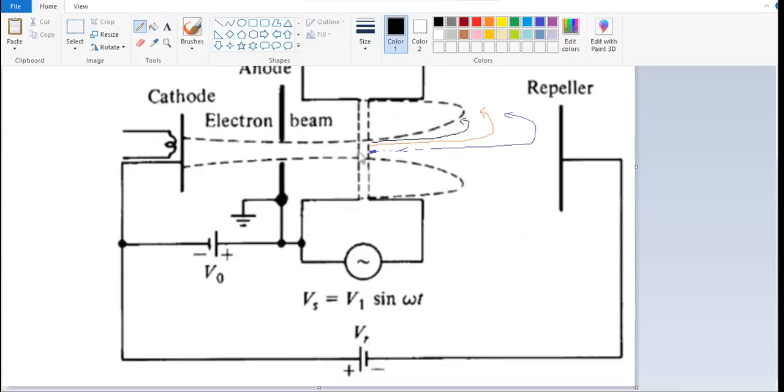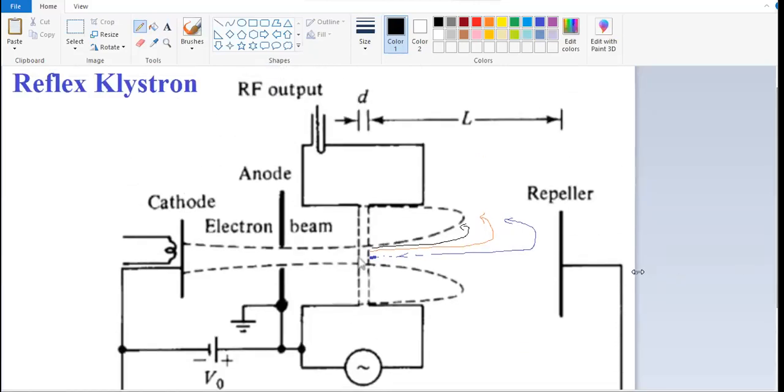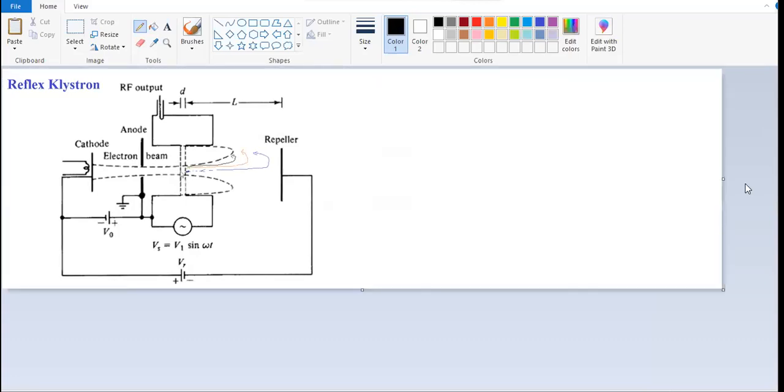Okay, so what we will do now is the Applegate diagram. If there is any problem till now, you can ask, otherwise we will go further. Is there any problem?